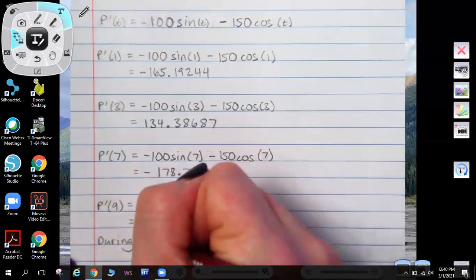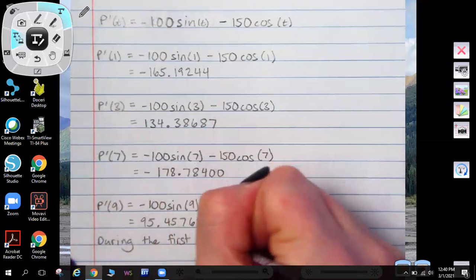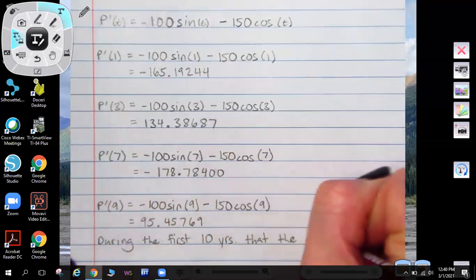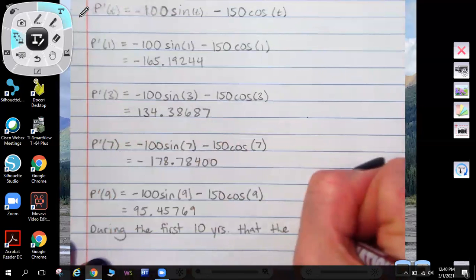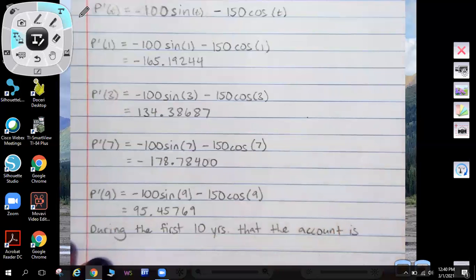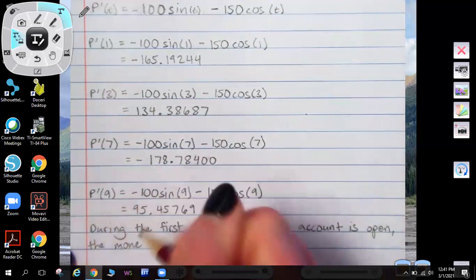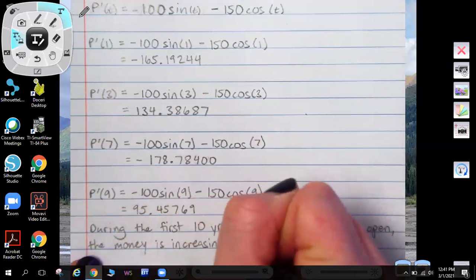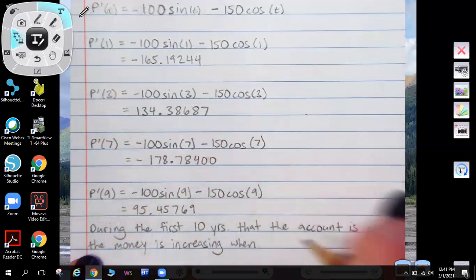So during the first 10 years that the account is open, money is increasing when, and we'll write some intervals.